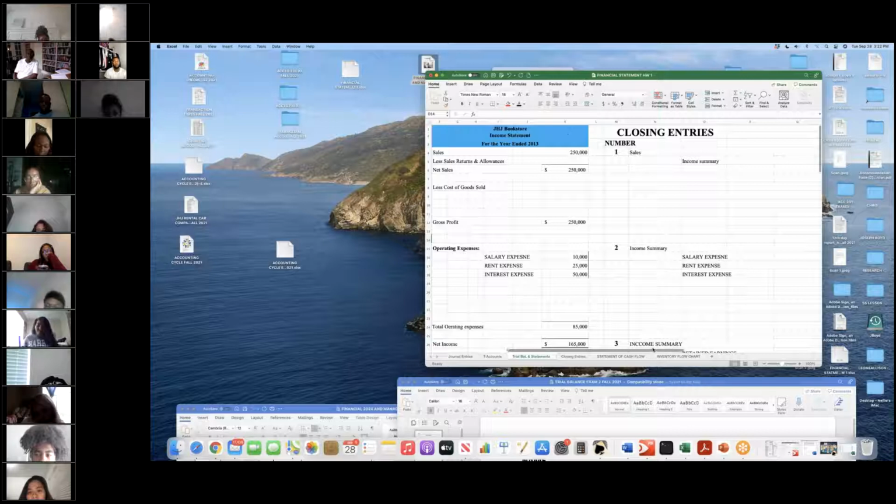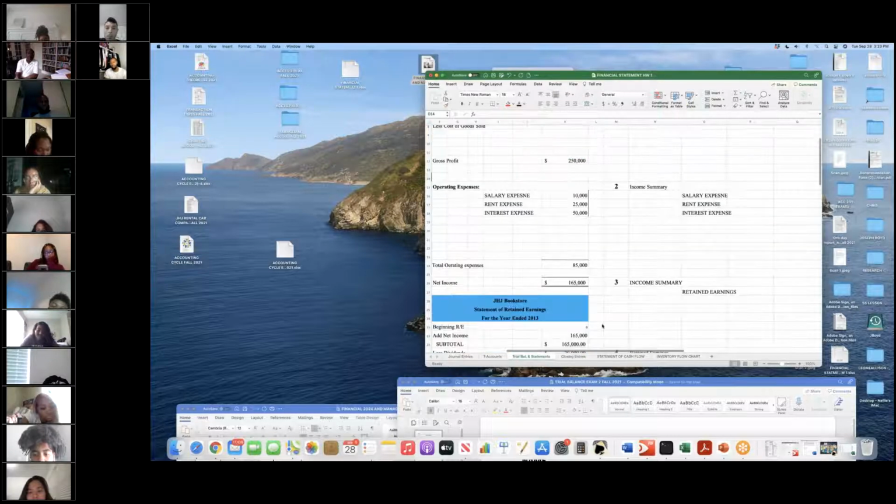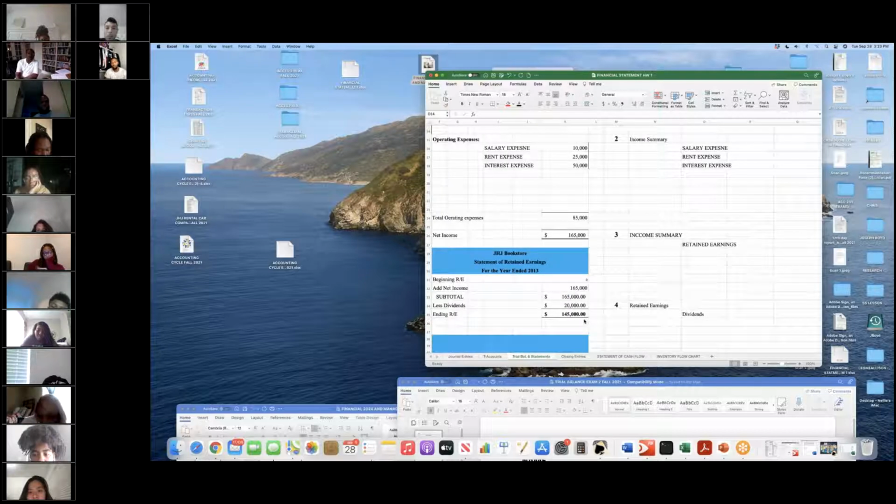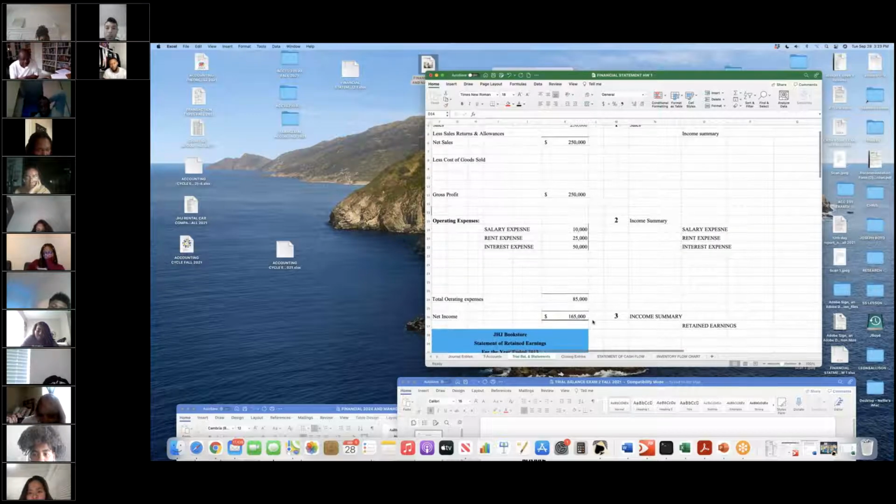The purpose of the closing entries is to close out all of the temporary accounts and get the balance in retained earnings. We want that balance in retained earnings, which was 0, to be 145. So Harvey, what's our first closing entry?